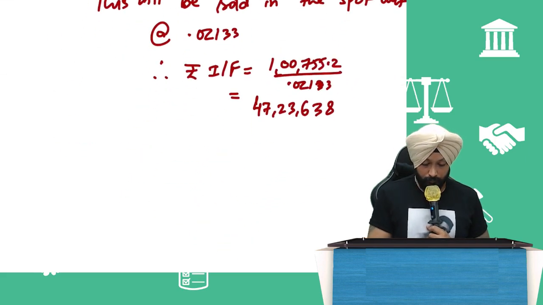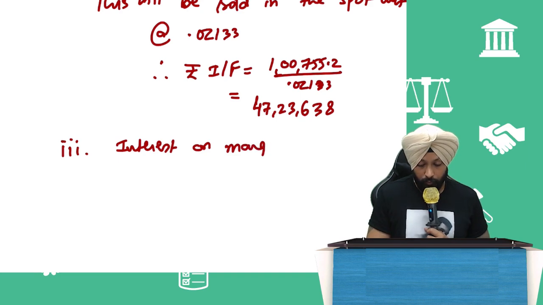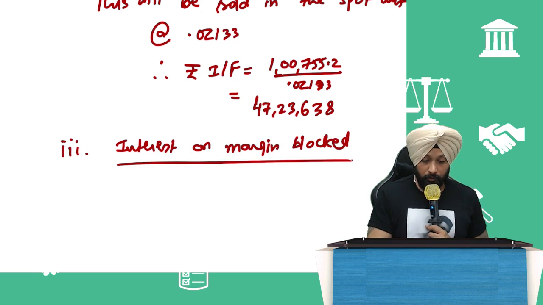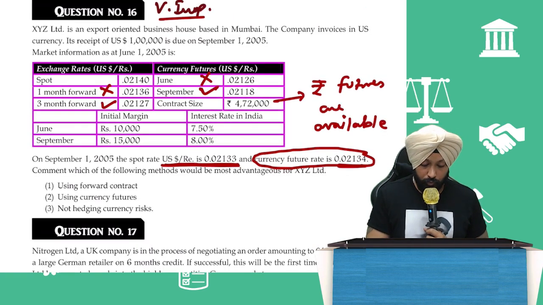Next, interest on margin blocked. For the September contract, what is the margin? June contract we won't see, we will see the September contract.